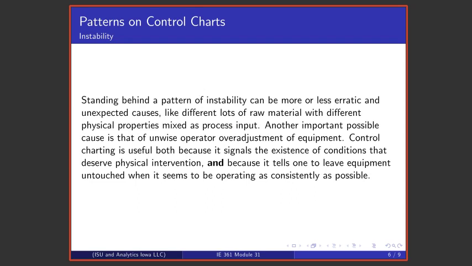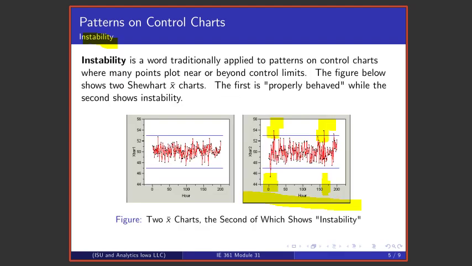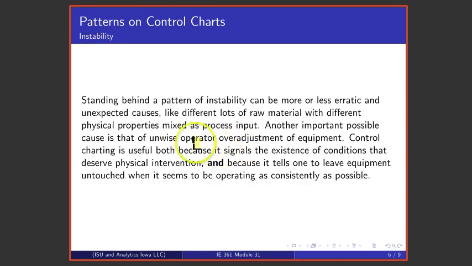An important possible cause here of instability is something that should get mentioned in any discussion of control charting, and that's the possibility that one actually induces instability in a process by process over-adjustment, by unwise tinkering with a process.